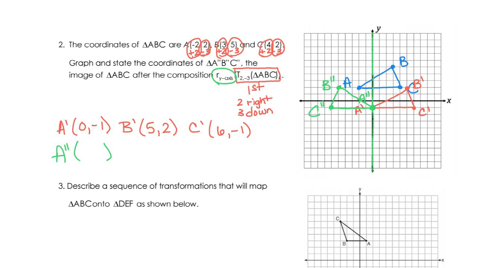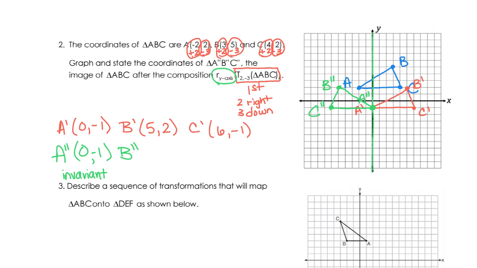So A double prime is going to be exactly the same where it is. And that point, guys, would be called invariant if they asked. All right, so if they asked who would be the invariant point in this situation, we would say A prime or A double prime or the point 0, -1.